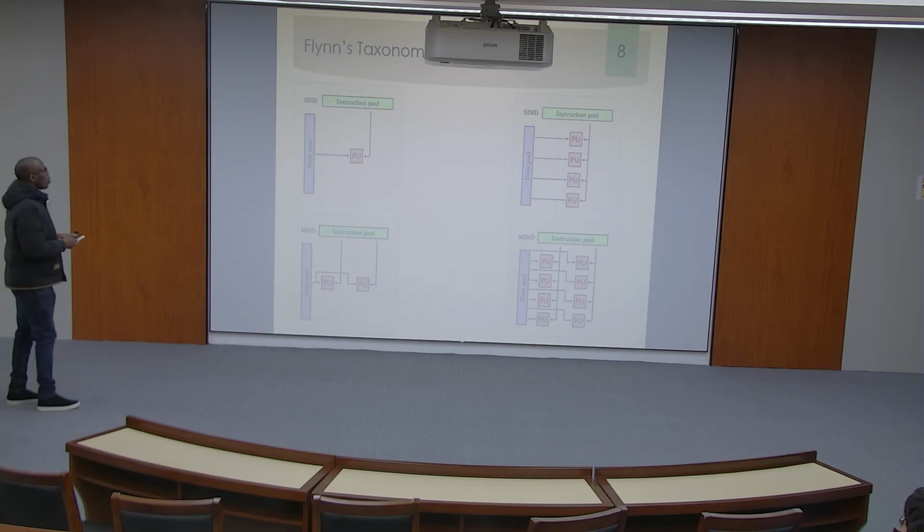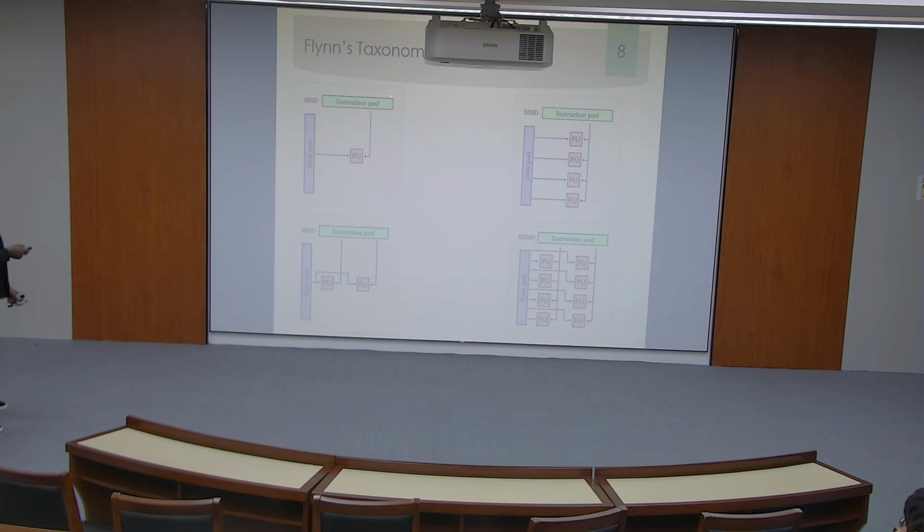We have a single instruction pool, which only needs a single data pool to complete this instruction. We have a single instruction from the instruction pool, and we have a single data stream to complete this instruction. The second parallelism architecture is single instruction, multiple data. You see, we have a single instruction which comes from the instruction pool, and we need multiple data streams to complete this instruction.